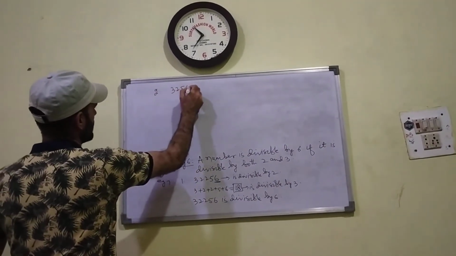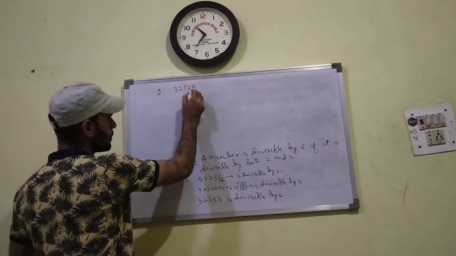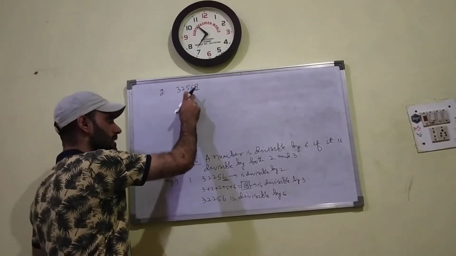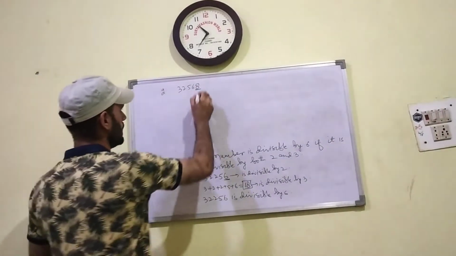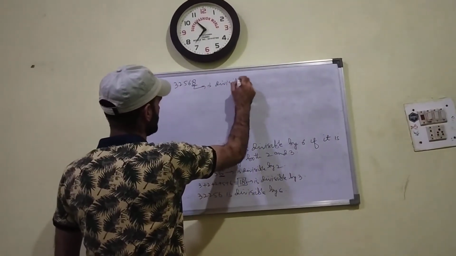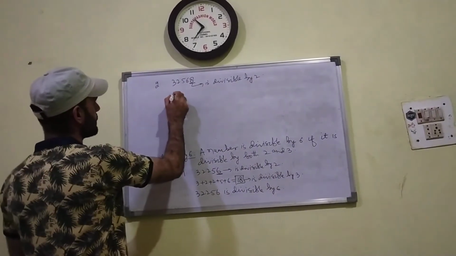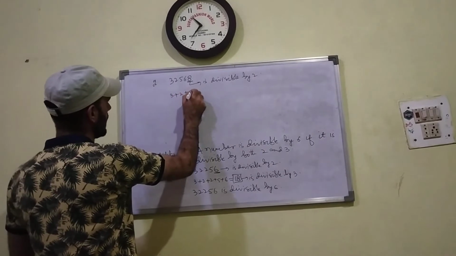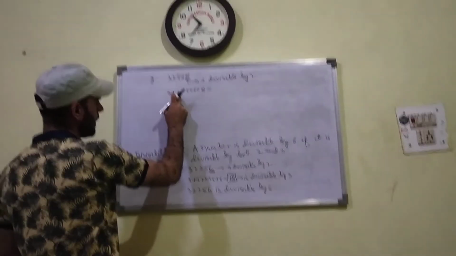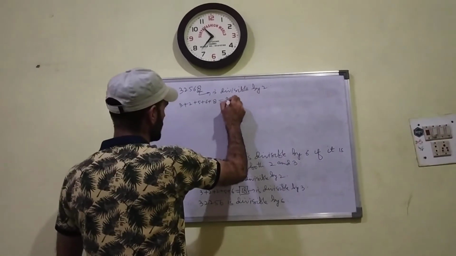32,568. Is this divisible by 2? Yes, because the digit at one's place is 8. It is divisible by 2. Now finally we have to check 3 plus 2 plus 5 plus 6 plus 8: 3 plus 2 is 5, 5 plus 5 is 10, 10 plus 8 is 18, 18 plus 6 is 24.